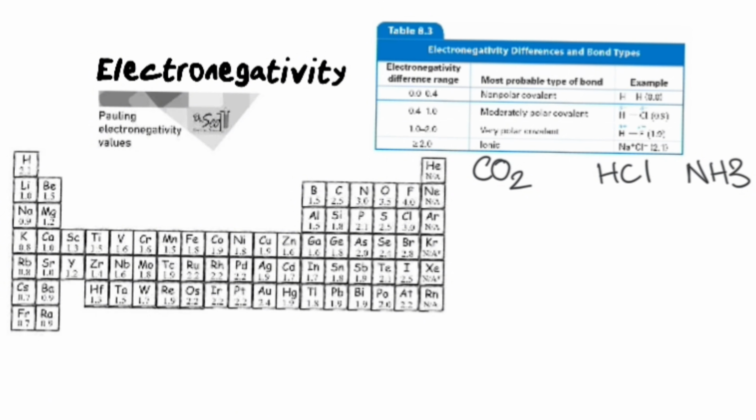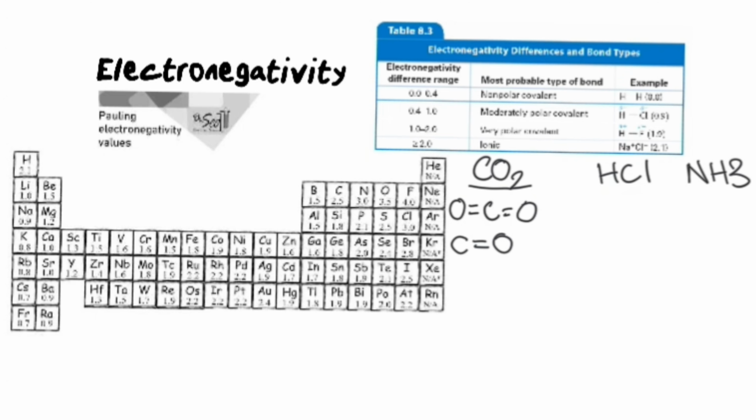So first of all, we need to understand that in carbon dioxide there is a carbon double bonded to two oxygens. So the bond that I'm looking at is the carbon double bond oxygen bond in this particular molecule.